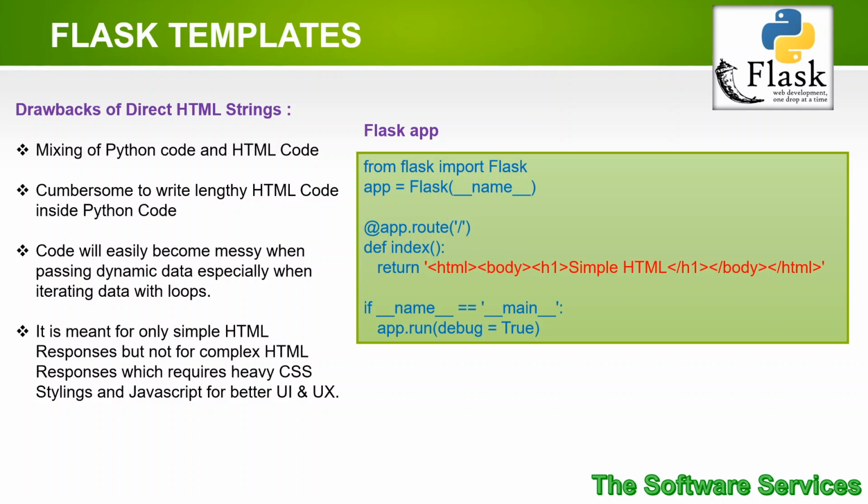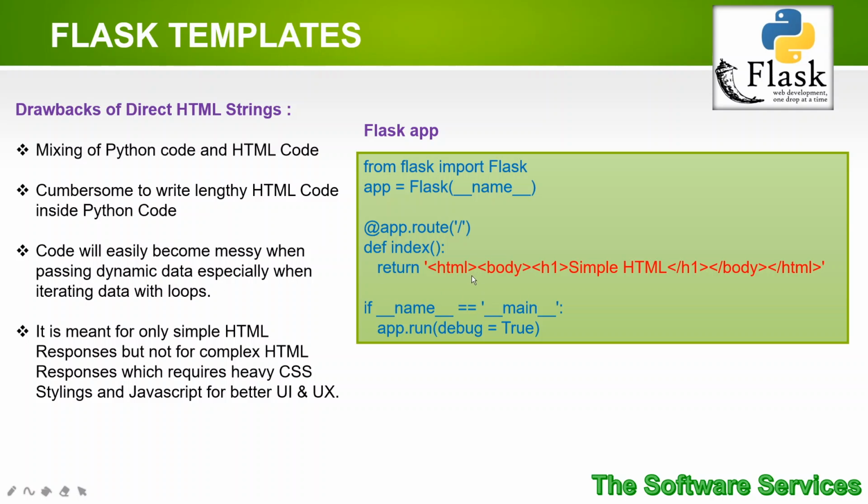Python code somewhere, HTML code somewhere else. Then interpreting that code is very difficult. It's cumbersome. If you want to write a big HTML code inside the Python code, it's very cumbersome, right?